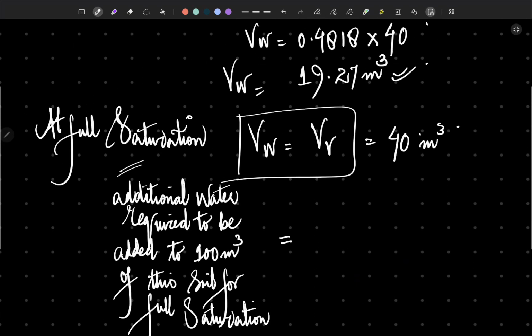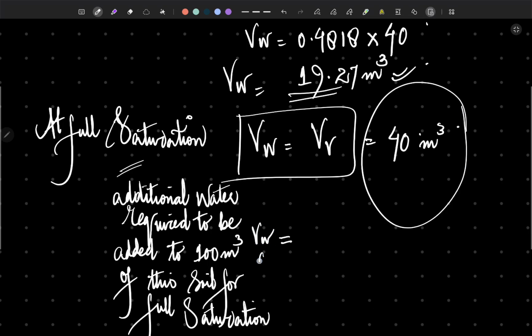Currently it has this much. For full saturation it should have this much, so the additional water required, W additional, is 40 minus 19.2527, which by calculation is 20.73 cubic meters.